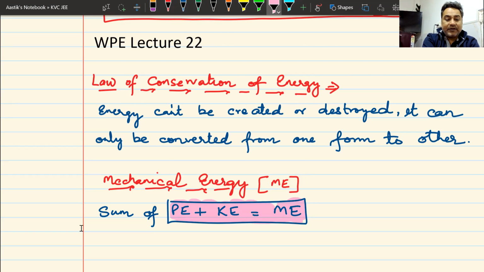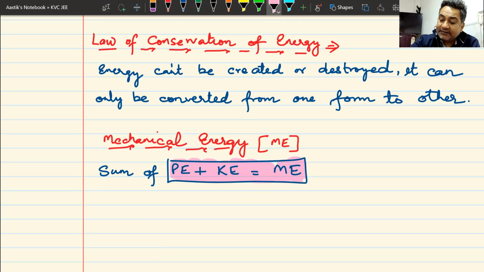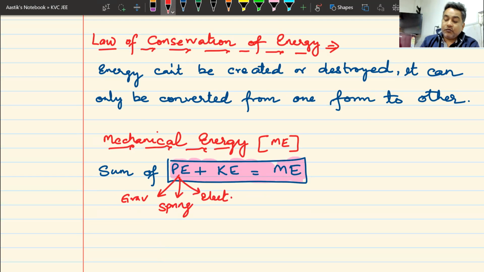Now you must remember while you are summing that this potential energy can be of gravitational type, it can be of spring or elastic potential energy, or it could be of electrostatic nature. Whatever potential energy is there, you may have only one type, two types, or three types of potential energy. All these potential energies together plus your kinetic energy is known as your mechanical energy.